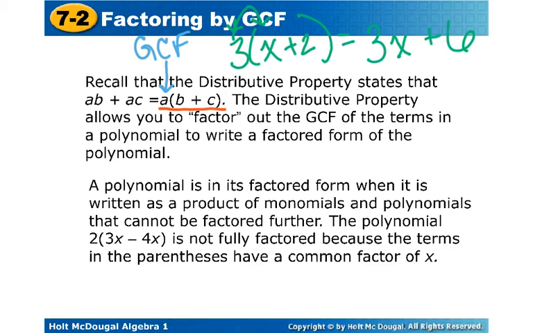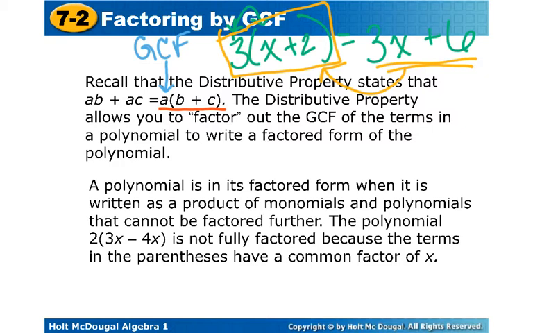If you look at those two terms, 3 and 6, 3 is a factor of both. So now, when you're factoring, you're starting here and trying to get into that form that you're used to seeing when you apply the distributive property.